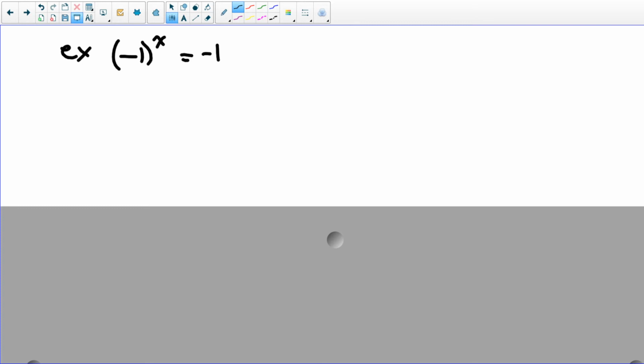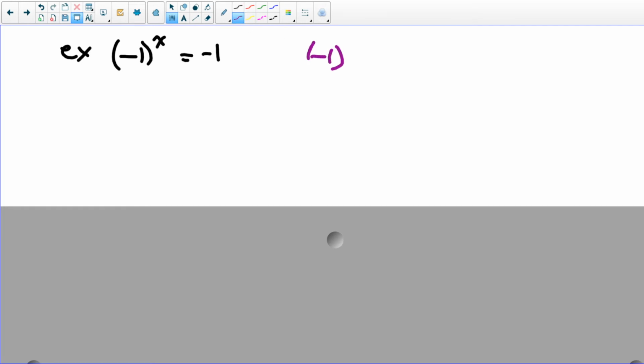When is this true? And there are more than one answer. X equals 1 works, but there are other numbers that work. So I'll do that off to the side here.